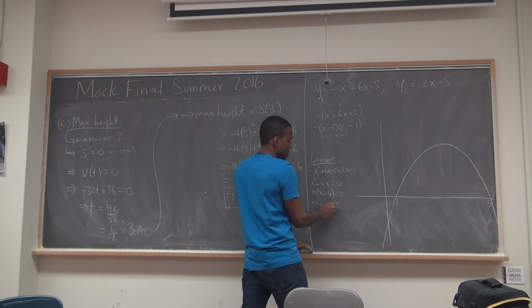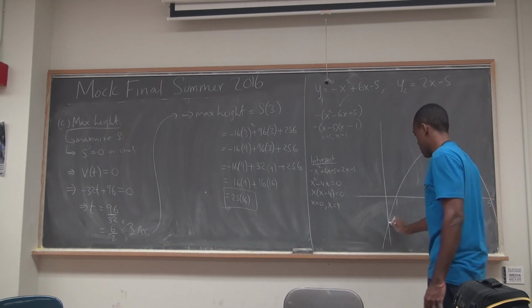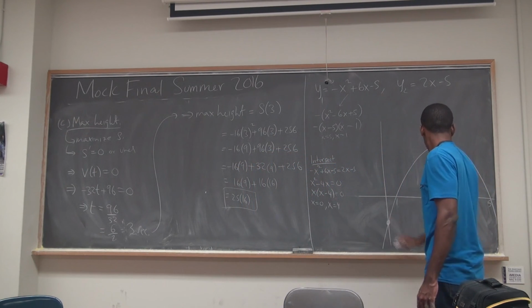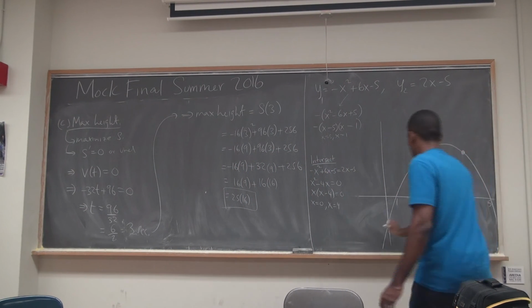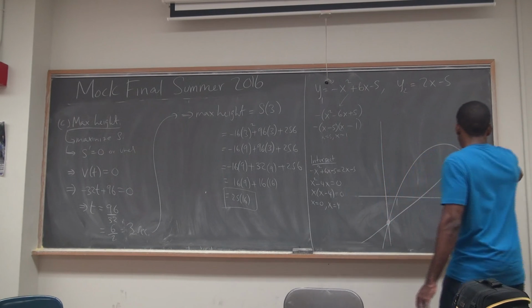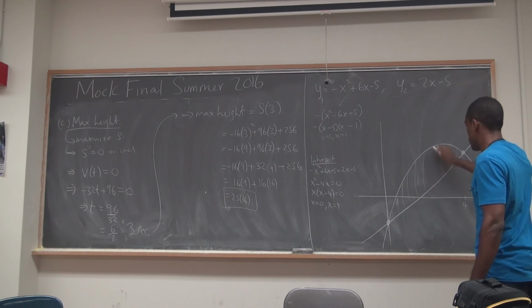So x equals 0, x equals 4. So they intersect here, and they intersect at 4. So that's our picture. That's the region of interest.